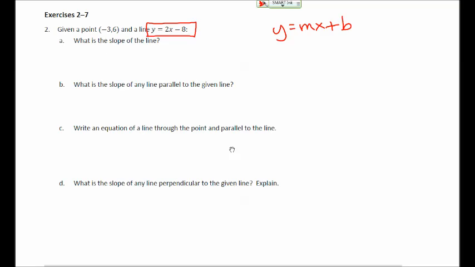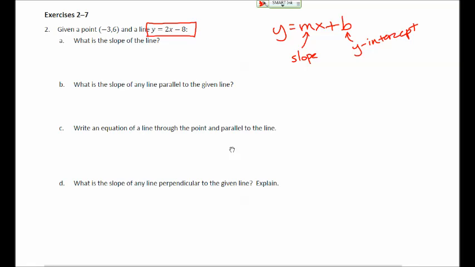Remember that m is the slope of the line, the coefficient of x. If it's in this form, the number in front of x is the slope, which we defined in the previous video. b is the y-intercept, meaning that's where it intersects the y-axis.